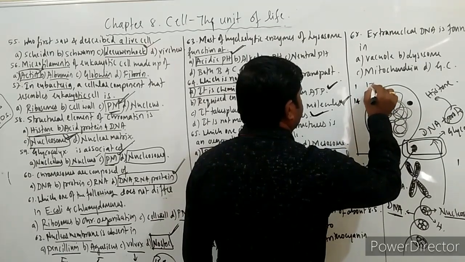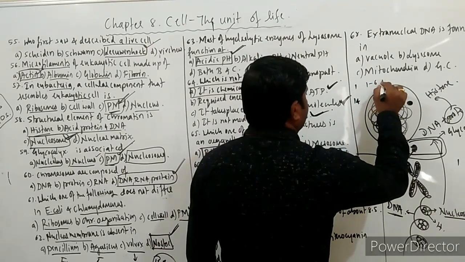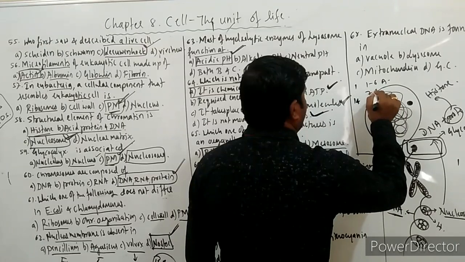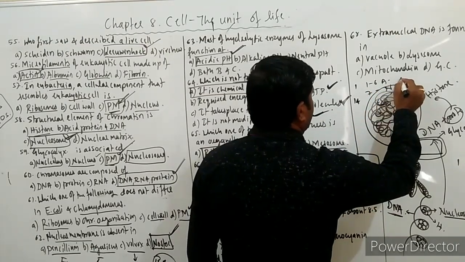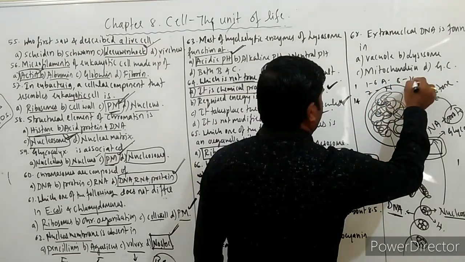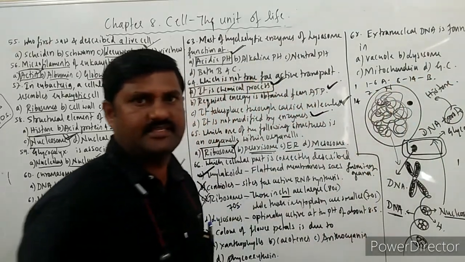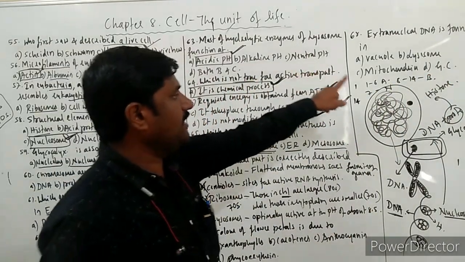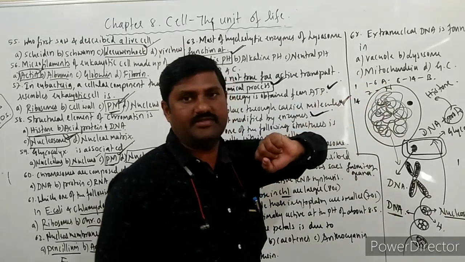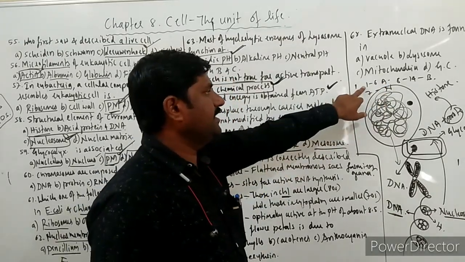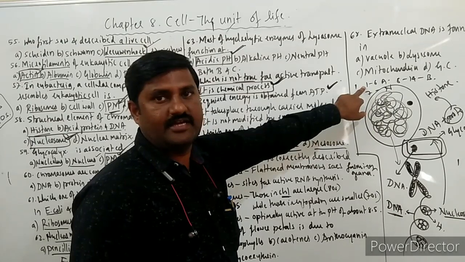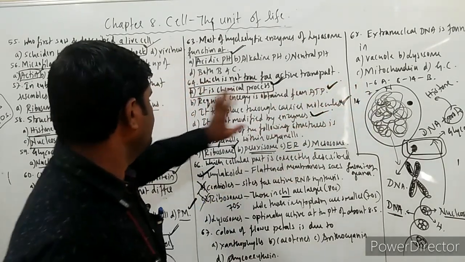So 1 to 6 is acidic, 7 is neutral, 8 to 14 is basic. These act in acidic nature, so high acidic nature is required for the action of these enzymes, right?